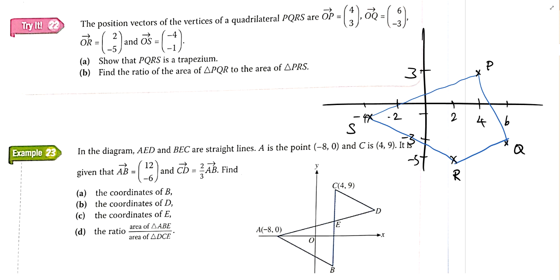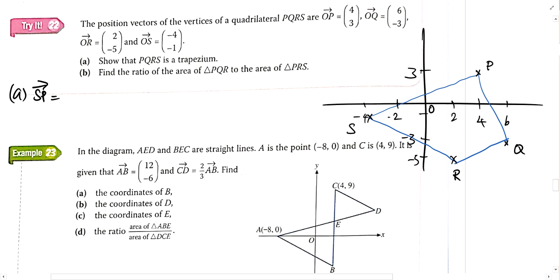What is the vector for SP? Part A. SP. Give it to me in terms of addition of two vectors. SP, S to what?